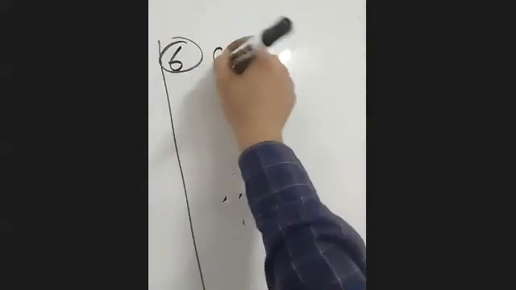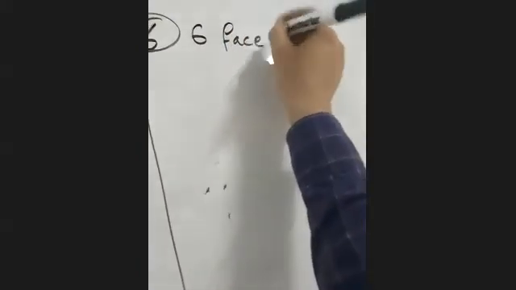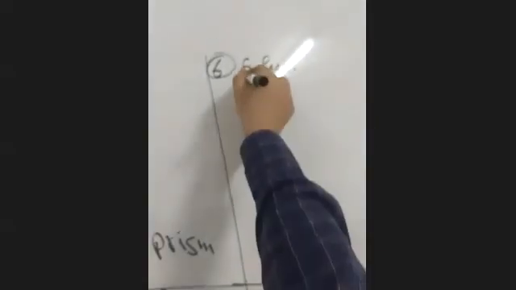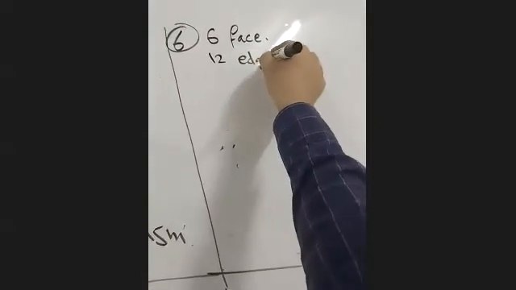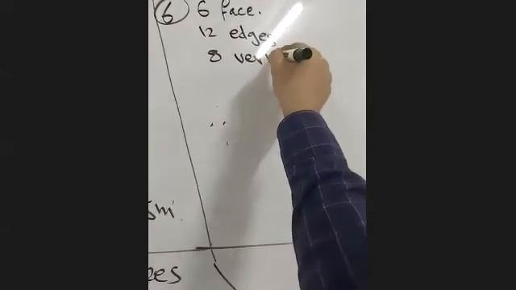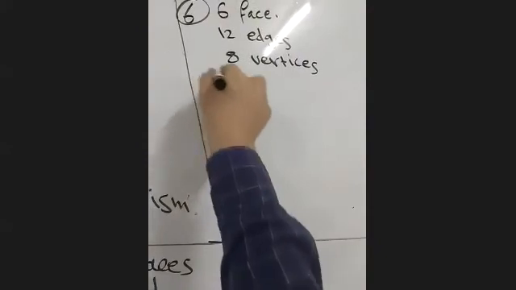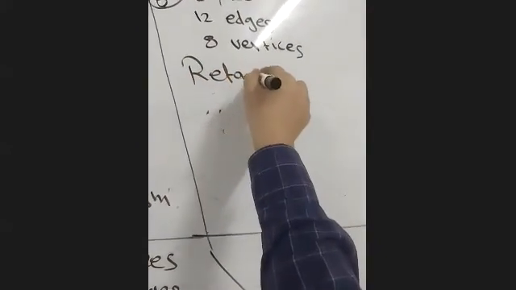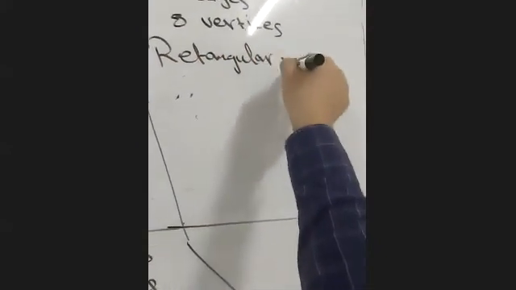How many faces do we have? 6 faces, 12 edges, 8 vertices. We call it rectangular prism.